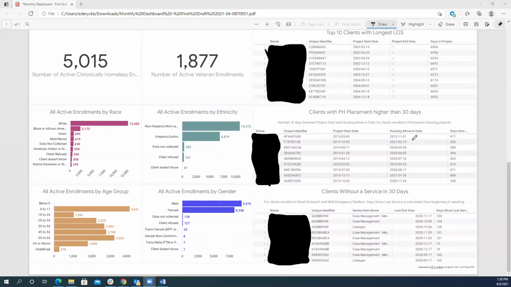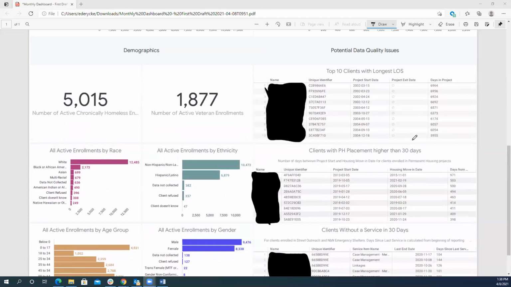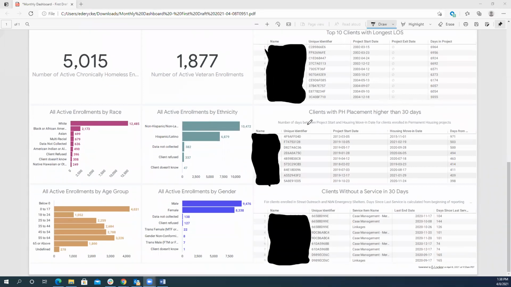And then the last three that we have are potential data quality issues. This top right one is showing the clients with the longest lengths of stay at your agency, including how many days they were there. Then clients that were placed in permanent housing, so this is specific to permanent housing projects, those that have a housing move-in date in a housing project, but it's more than 30 days.